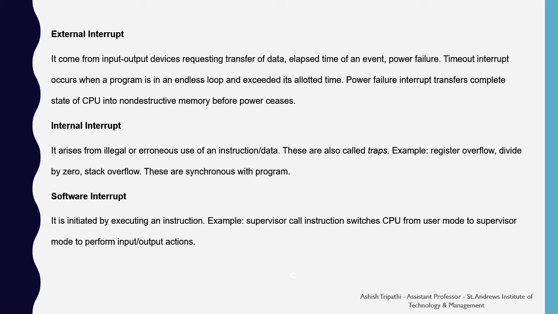In this mode, what will happen? For each input-output transfer, you have to switch to the system mode from the user mode. This change or this exchange of the mode can be initiated by the software interrupt only.